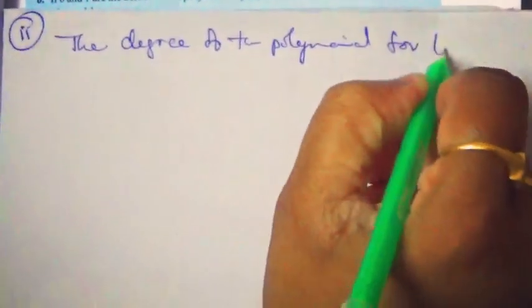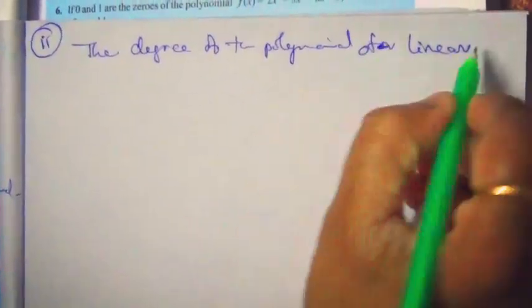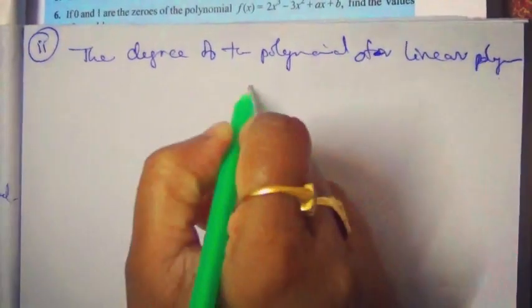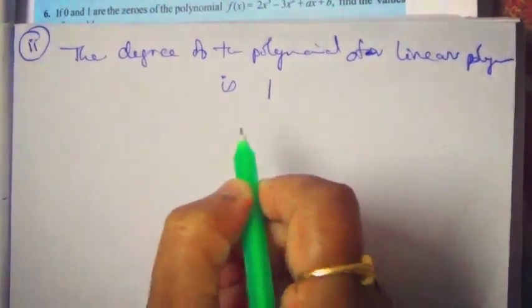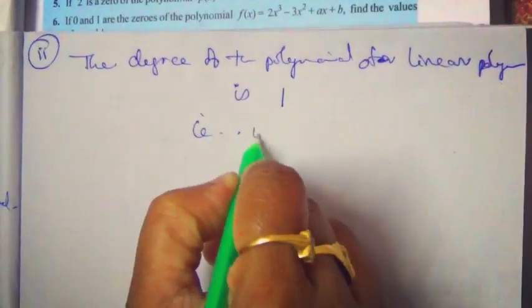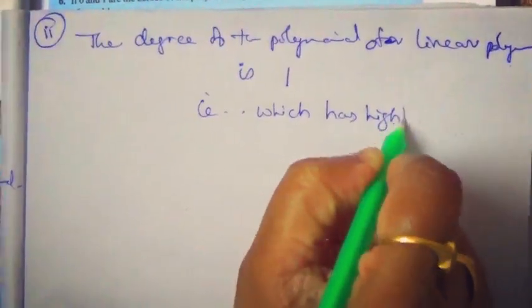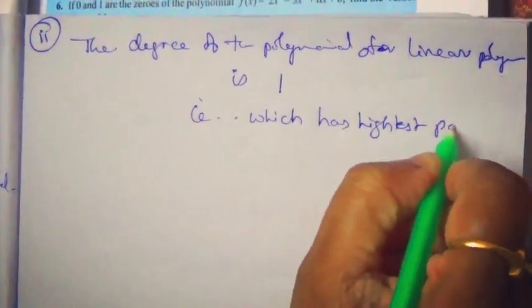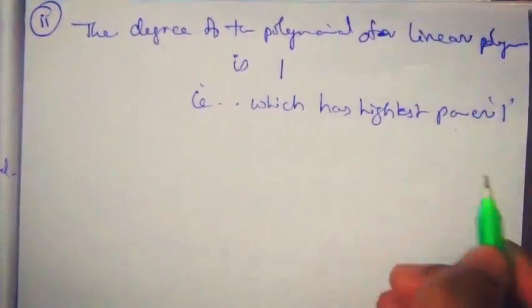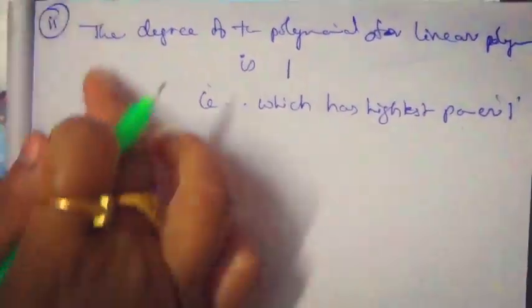For a linear polynomial the degree is 1, which means the highest power is 1. For clarification I am giving this one.